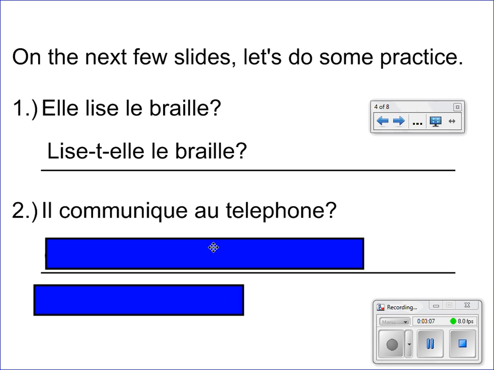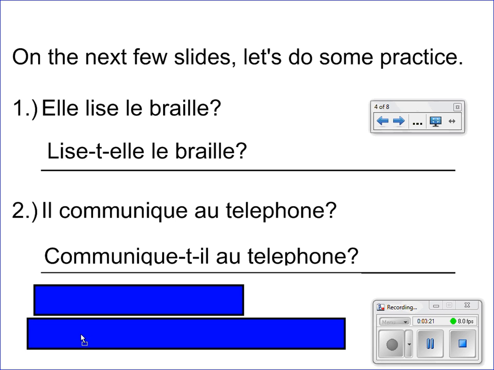All right, let's reveal the solution. The subject was il, the verb was communique, which ended with an e. The subject il, starting with a vowel, so you should have communique-t-il au téléphone? He is communicating by telephone.